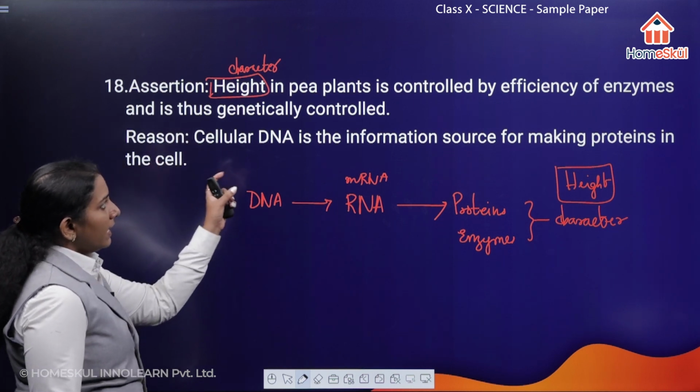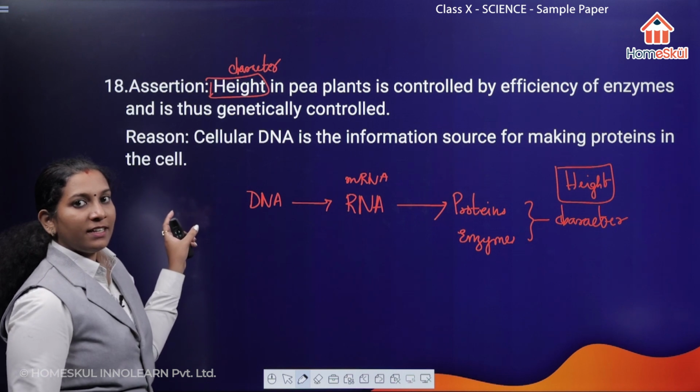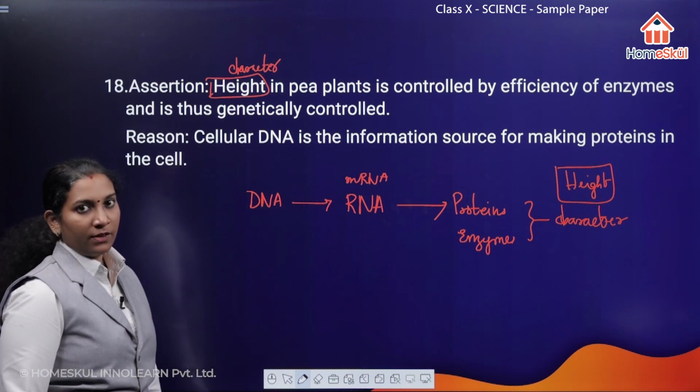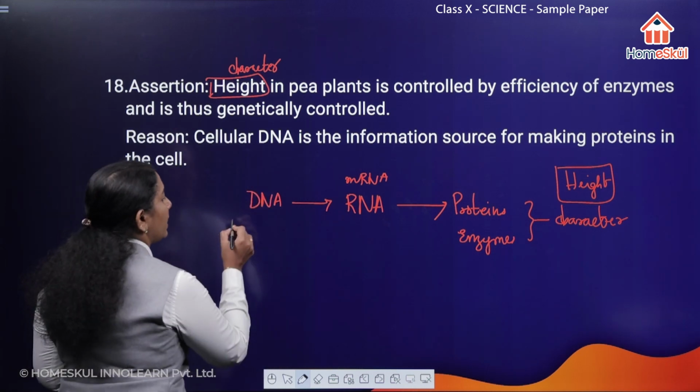Then the reason: cellular DNA is the information source for making proteins in the cell. As I already wrote, DNA is the information source. DNA is the genetic material.